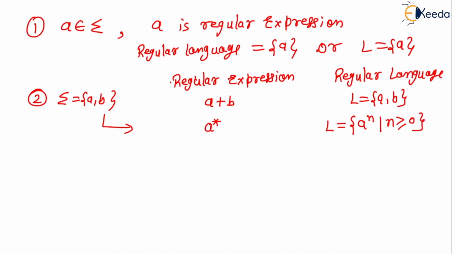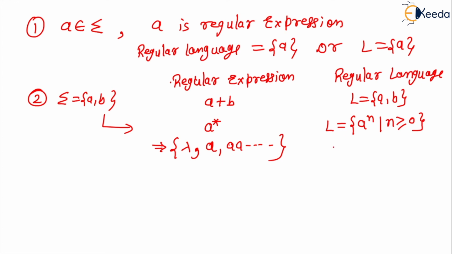What is the meaning of this? Here the range of A star starts from 0. The set of strings of this expression is: if you put value 0 in place of n, it is null. If you put value 1, it is a single A. If you put value 2, double A, and so on. It generates all length strings of A.